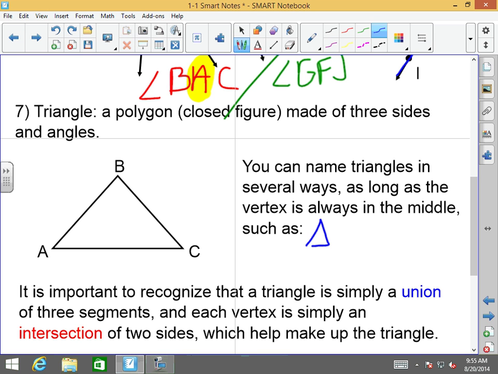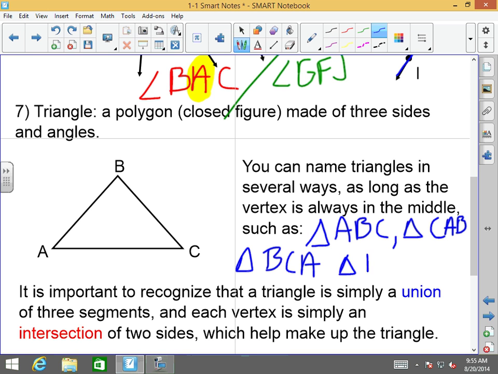I can say this can be triangle ABC or triangle CAB or triangle BCA, or triangle BAC, or any combination of that.